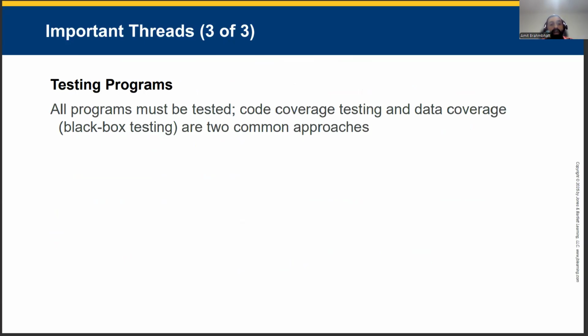The final slide highlights the importance of testing programs. Every program, regardless of complexity, must be thoroughly tested before it can be trusted. This slide mentions the two major testing approaches: code coverage, which focuses on exercising all paths in the program, and data coverage, which ensures the program handles all allowable kinds of input values.